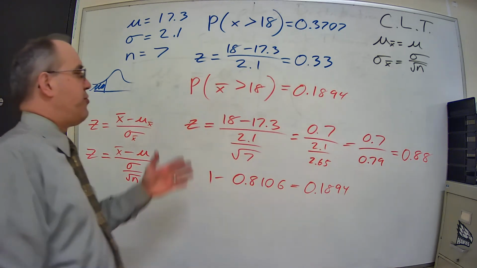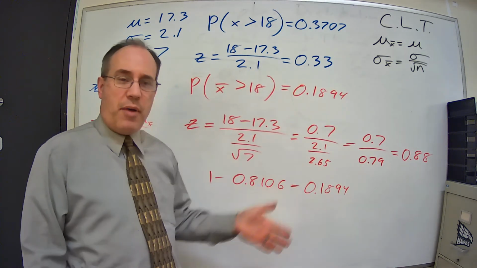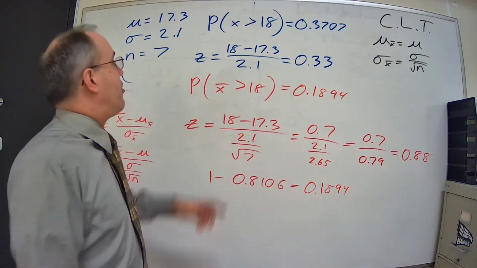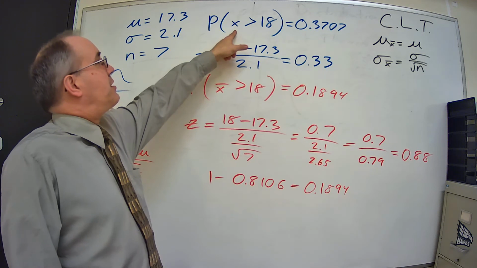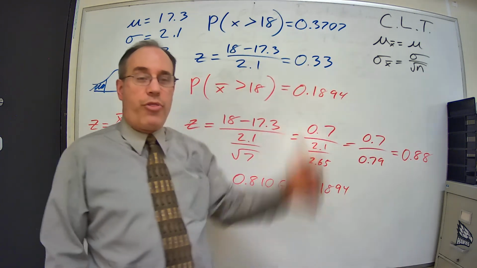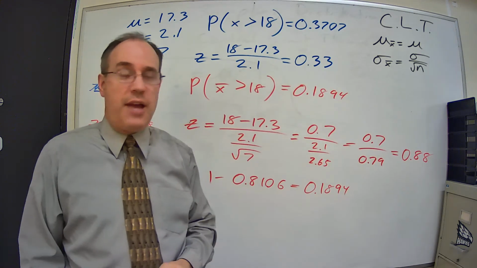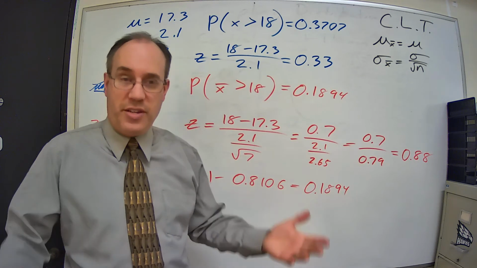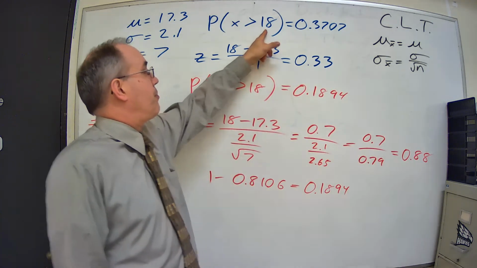So we see, and this fits along with what I was explaining about it making our distribution tighter, that the probability of randomly selecting a value greater than 18 was 0.37, so 37% of the time we'd select something greater than 18, or 37% of the data is greater than 18.